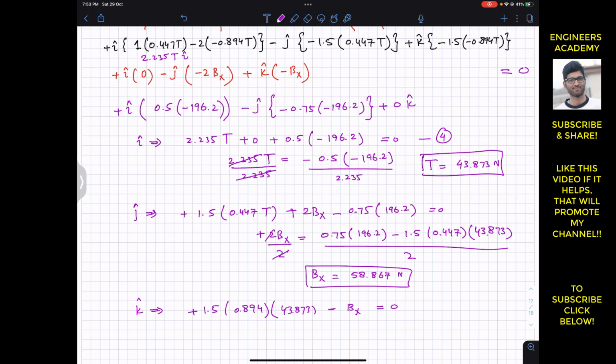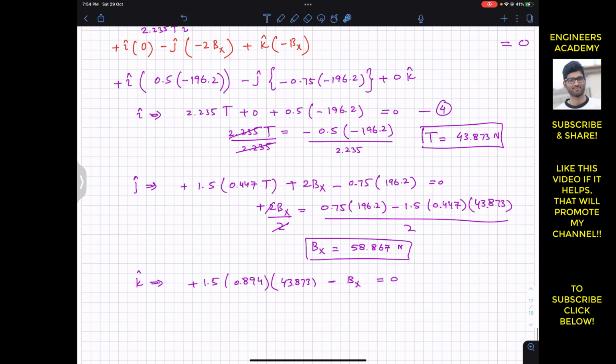Now we know the Bx value, so this equation will verify our T and Bx answer. If I find the Bx value, this equation must give me the same Bx value if my T value is correct.